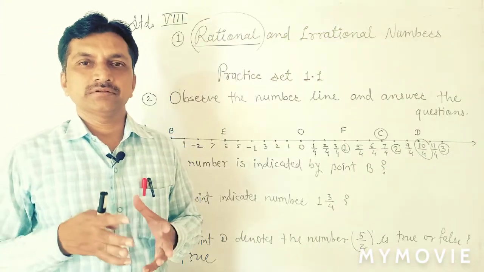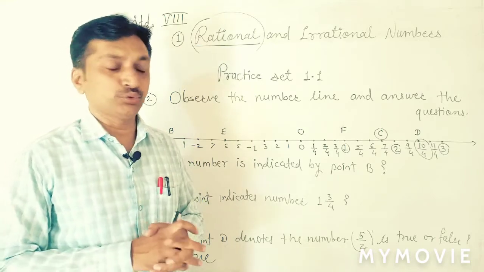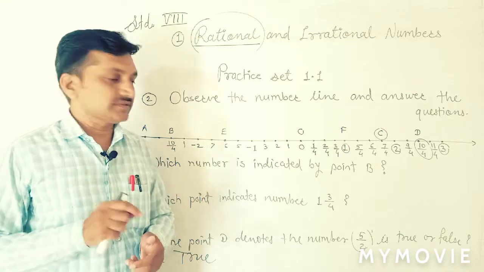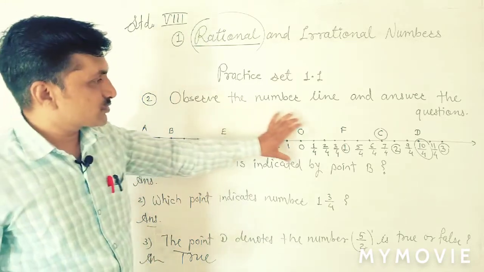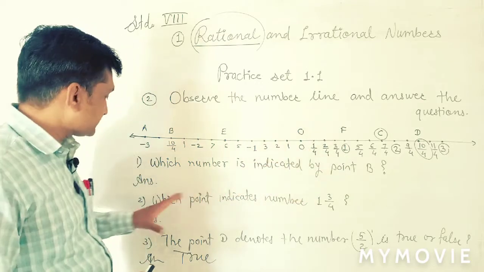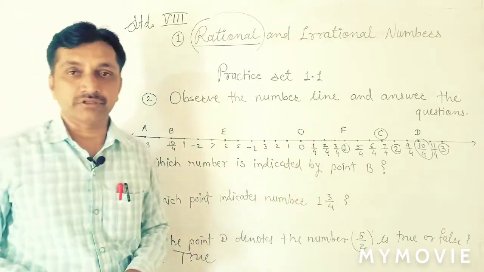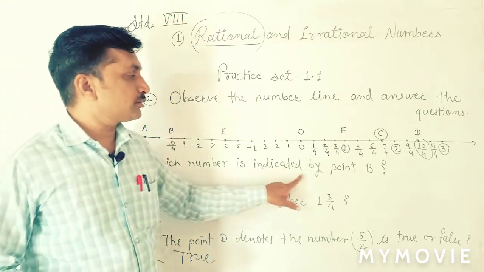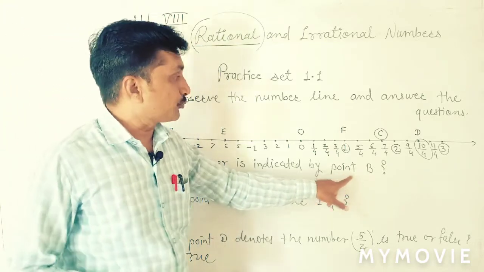Dear friends, let's see example number 2 from practice set 1.1. In this example, one number line is shown, and with the help of this number line, we have to write answers of some questions. Questions are given here. Now let's see. Which number is indicated by point B?